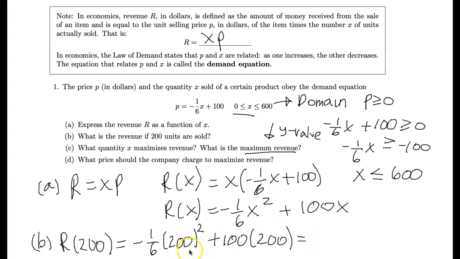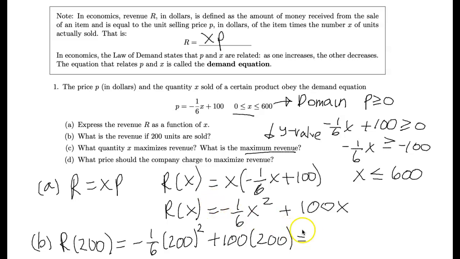Well, we're definitely going to start by squaring this first, timesing it by -1/6, do 100 times 200. We're going to eventually get to -2. Oh, there's just a lot of zeros. Let me just write my answer.